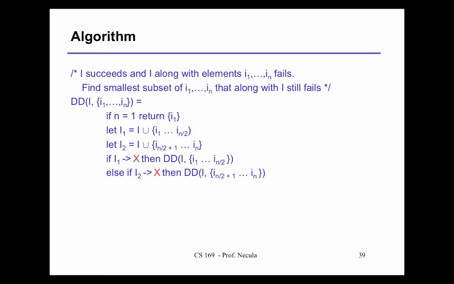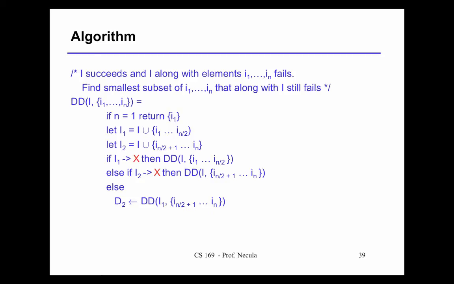What case is left? Splitting this part, okay? So the case that's left is that I1 succeeds and I2 succeeds. Both of these succeed, which means that I need something from here, and I need something from here to reproduce my failure.